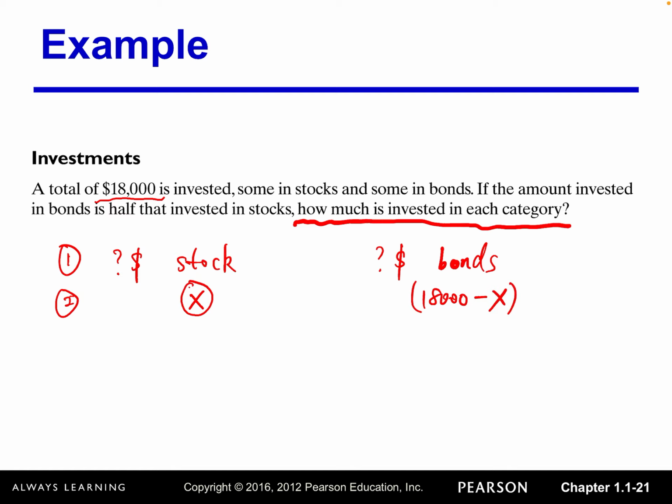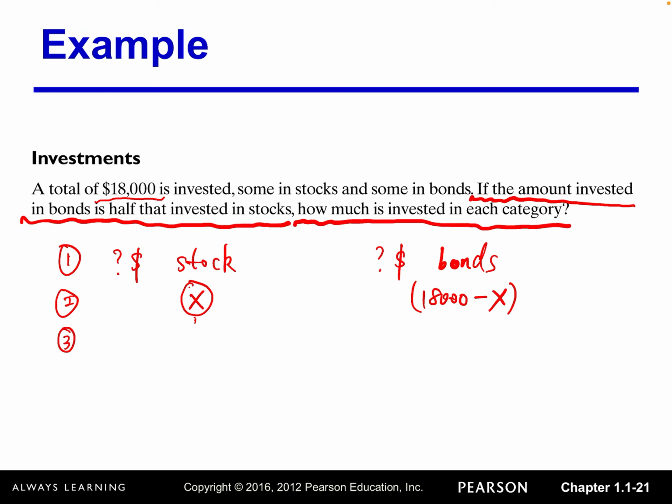If we have two unknowns, you only let one be the variable X, and the other one use an expression to represent it in terms of X. So step 3, we need to identify our model, trying to set up an equation. So how to set it up? Let's reread this sentence and see how you understand it.